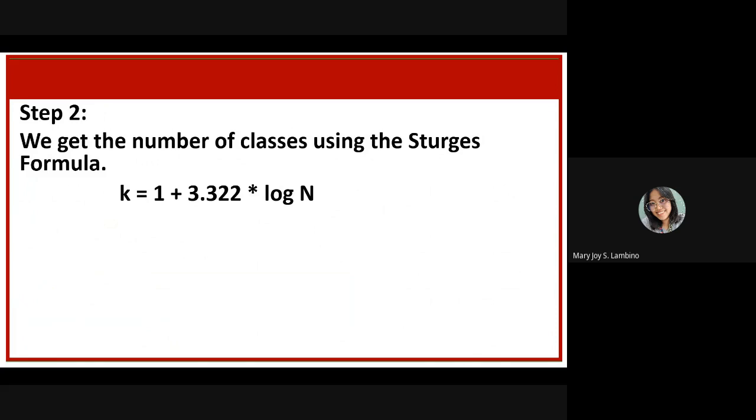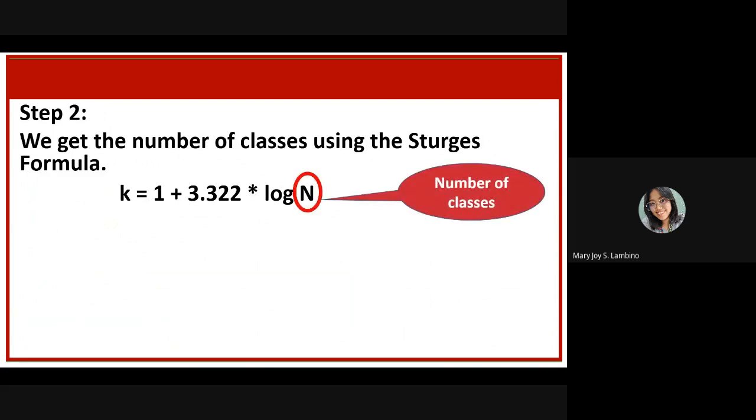Step 2. We get the number of classes using the Sturges formula, wherein it is represented by letter K. K is equal to 1 plus 3.322 multiplied by the logarithm of n, where n stands for the number of data.